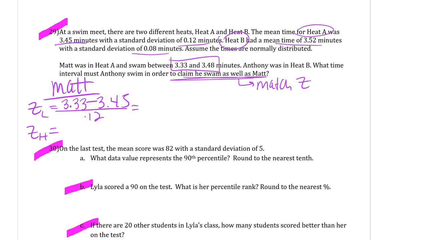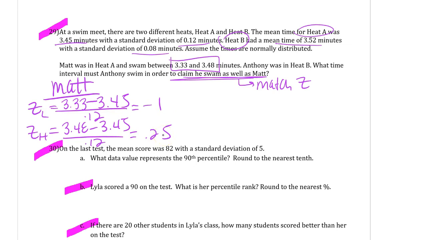Okay, so his score minus the mean divided by the standard deviation of his heat, and I'm getting -1. And then 3.48 minus 3.45 divided by 0.12 will give you 0.25. So he's one standard deviation below the mean or 0.25 above the mean.